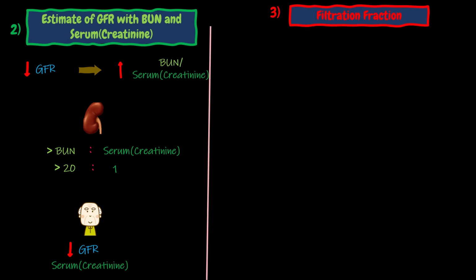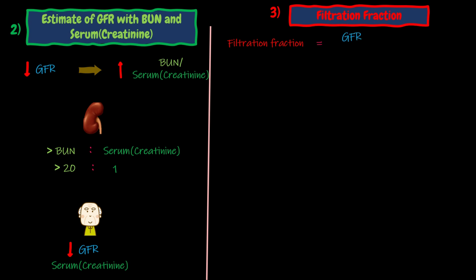Third important point of discussion under glomerular filtration rate is filtration fraction. Filtration fraction is the fraction of renal plasma flow filtered across the glomerular capillaries. The equation of filtration fraction has already been discussed in this video.